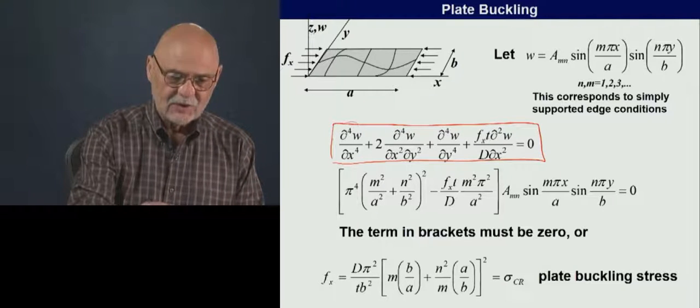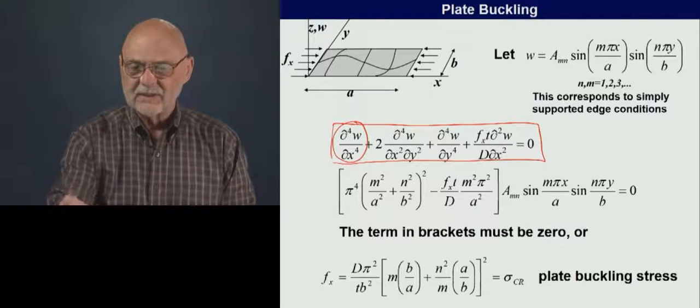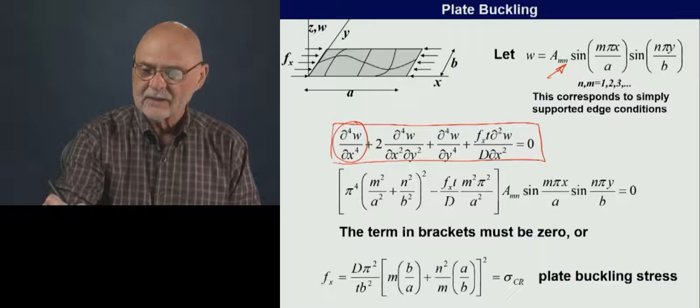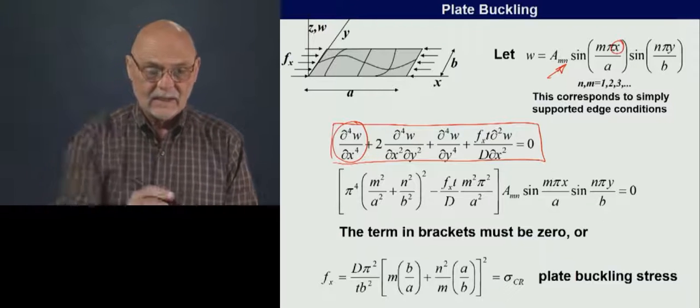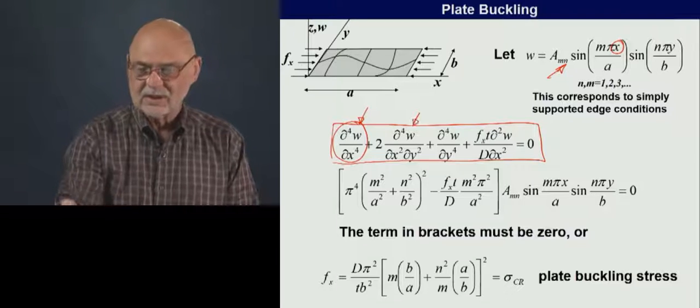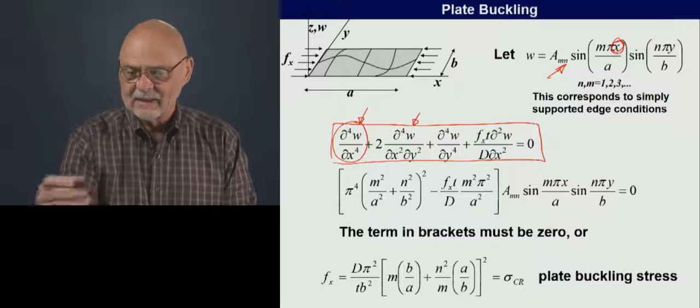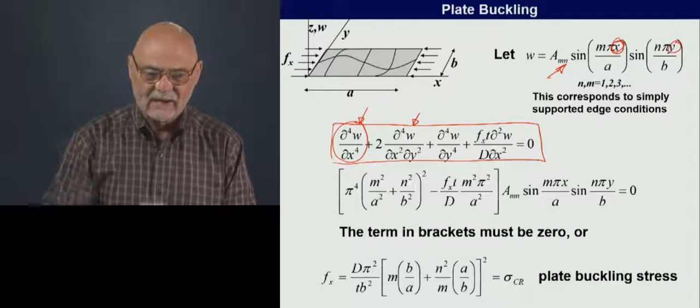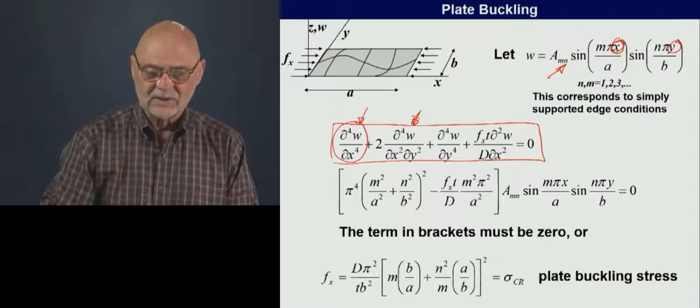So this first term just says to take 4 derivatives of this expression with respect to x, and then plug it into the equation there. For this expression, take 2 with respect to x, and then after that, take 2 with respect to y, and that becomes this expression.